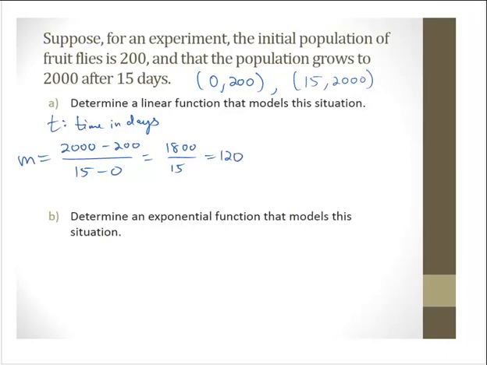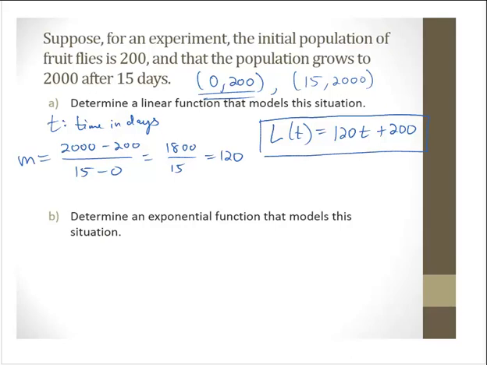And since we have the point 0, 200, we'll call this L of t, our linear model for t. Our linear model of the population is going to be 120t plus 200. So the population started at 200 and was increasing by 120 per day.